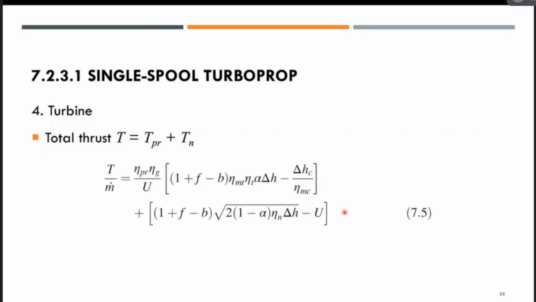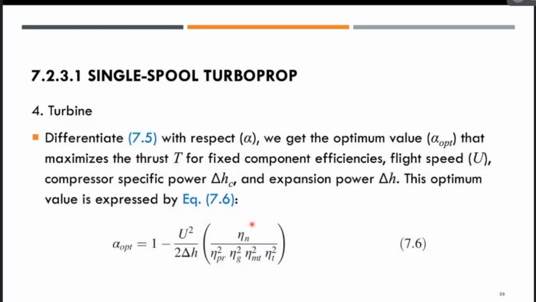The total thrust for the turboprop single spool engine is equal to the thrust produced by the propeller plus the thrust produced by the nozzle, and it can be expressed in this equation 7.5. We can now differentiate equation 7.5 with respect to alpha.